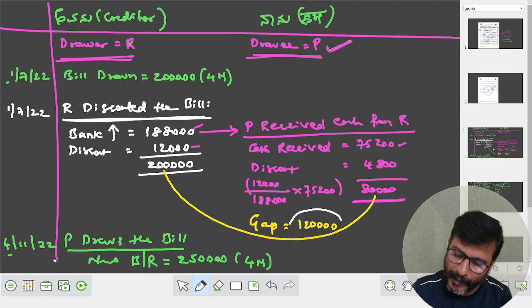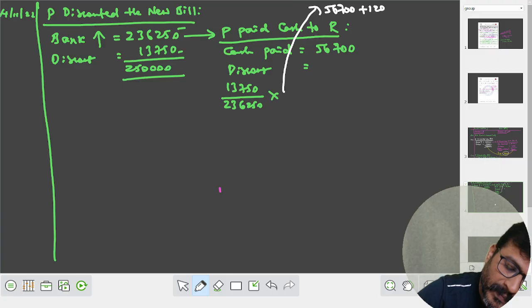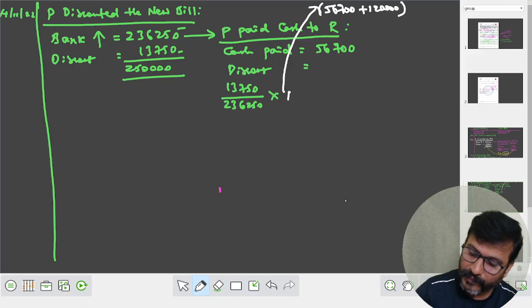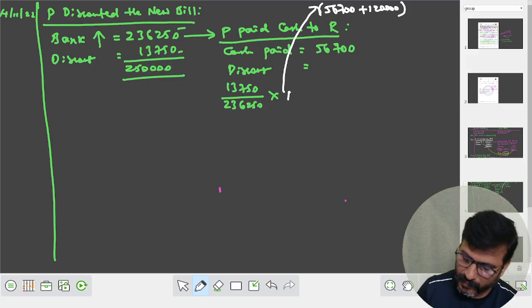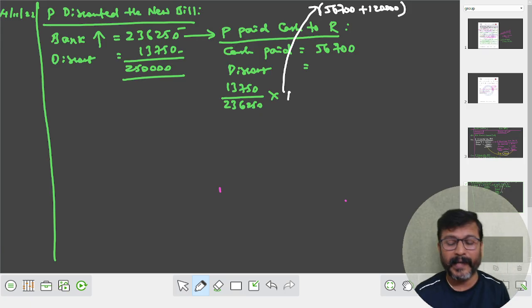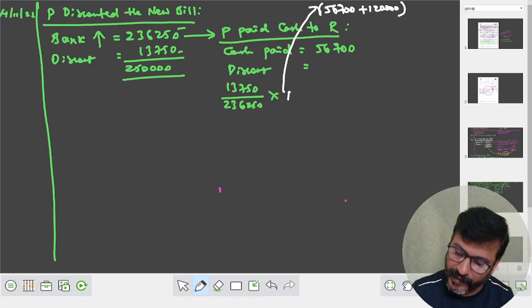In the previous page there was a gap, how much was the gap? 1,20,000. Take the total of these two, that is 1,76,700. Take 1,76,700.